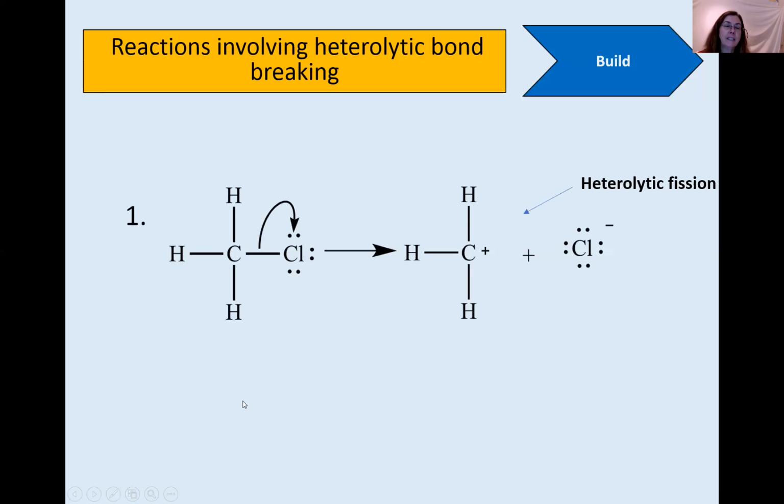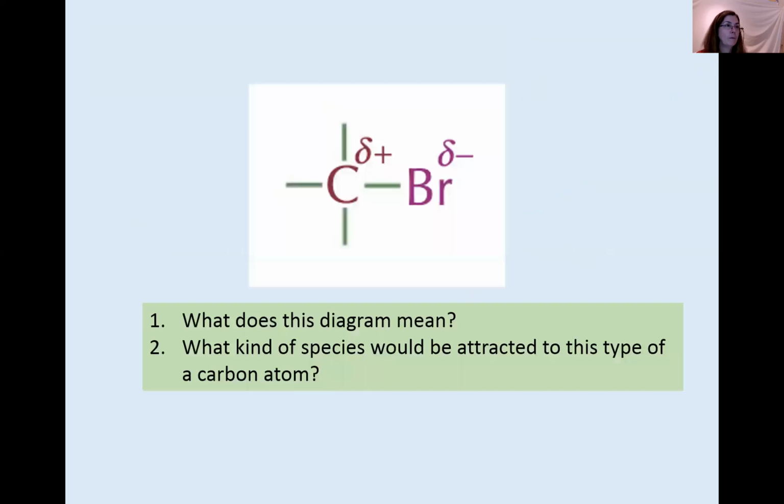Okay, so this is heterolytic fission, and we can see that we've got the chlorine taking the extra electron, so it's now become negatively charged, which means carbon is without its electron that it shared, so it's positively charged. It's a positively charged species. It is an ion. So looking at this, what does this diagram actually mean, and what kind of species would be attracted to this type of carbon atom?